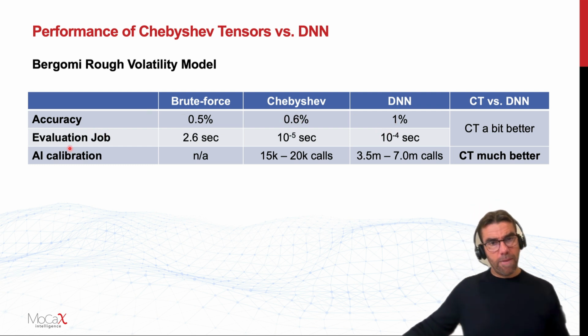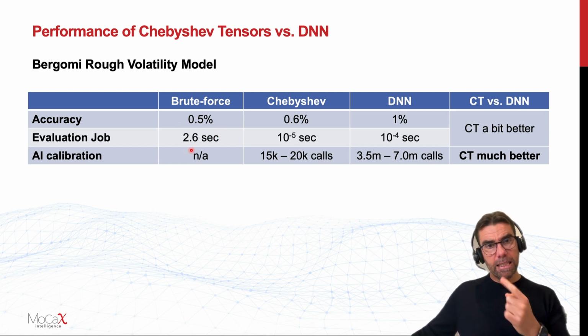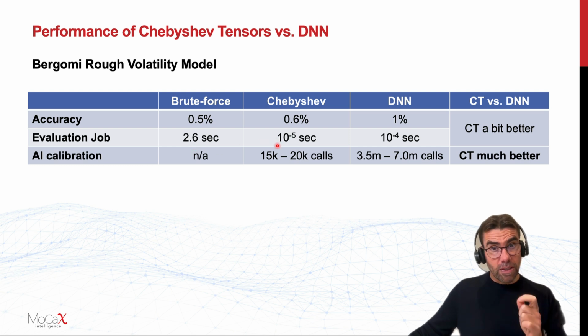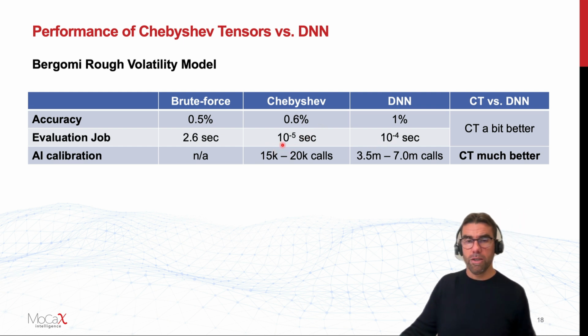When we were evaluating the function, of course, the brute force was taking a lot of time. Its evaluation was 2.6 seconds, a lot. Chebyshev Tensor 10 to the minus 5 seconds, so a massive improvement, and DNN's 10 to the minus 4 reportedly. So more or less Chebyshev Tensor, again, a bit better, but 10 to the minus 4, 10 to the minus 5, both are really good.